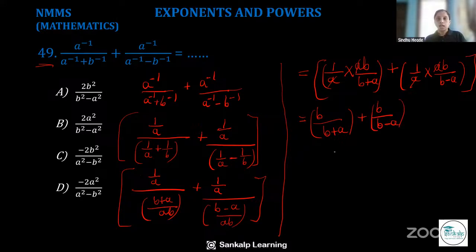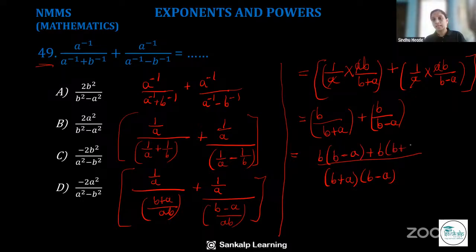Now again take LCM for these two terms. The LCM in denominator is b plus a into b minus a. Numerator becomes b into b minus a plus b into b plus a.